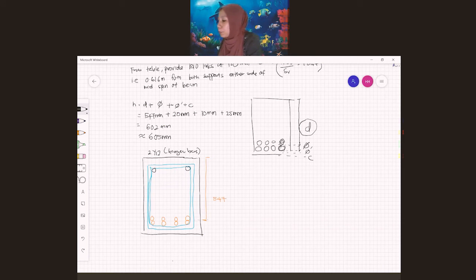Okay. And then we also have this one 8Y20, which is our bar lah yang kita pakai tu, and also we know that this is 325 mm breadth, lebar dia. Okay, and also we have this one adalah R10 link.